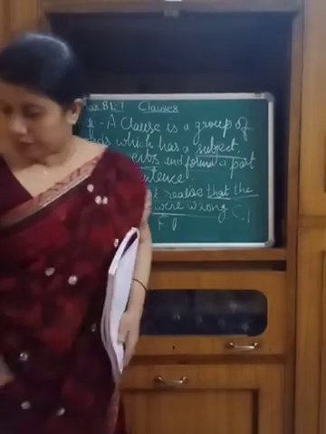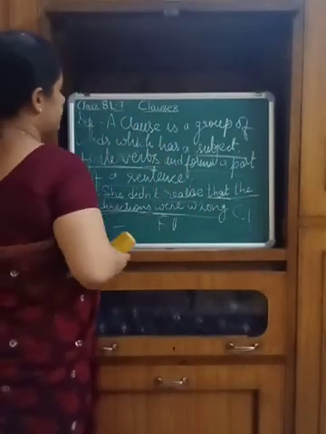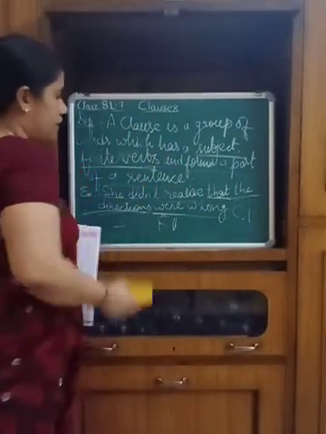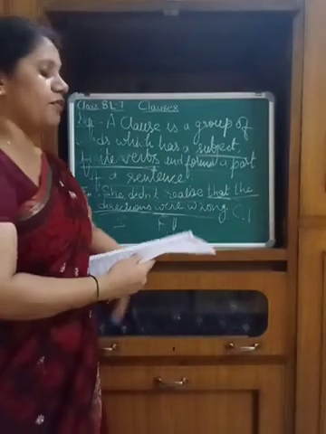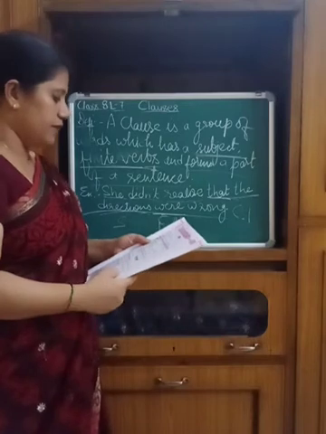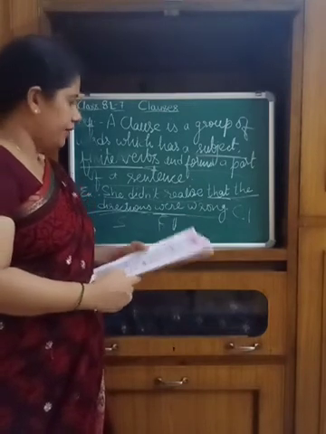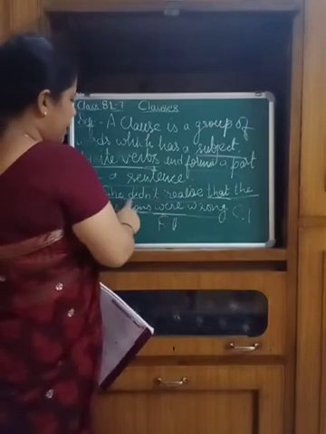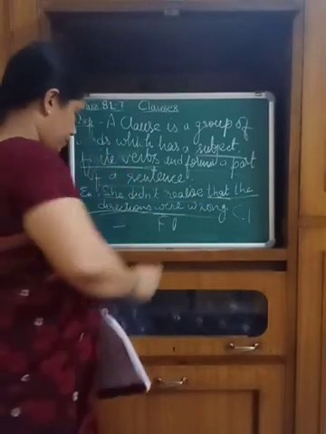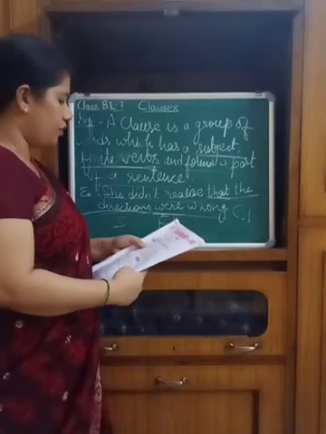Now let's try to understand it in a better way. What are clauses? See in your book, there are a few features given. A clause has a subject and a predicate. Then it must have at least one verb.